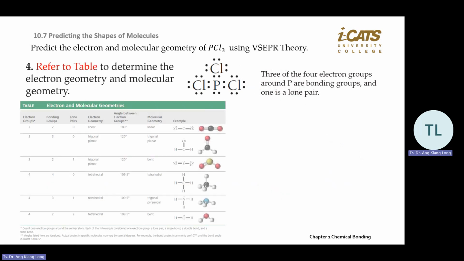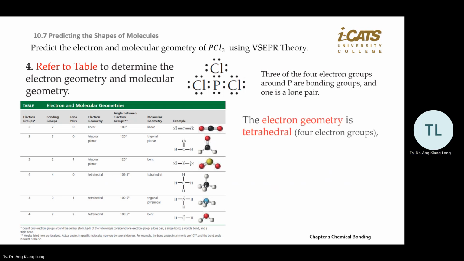So you count and refer to the table, electron geometries. You have 4 electron groups. Who doesn't understand why 4 electron groups? Single bonds and lone pair, so you have 4 electron groups.